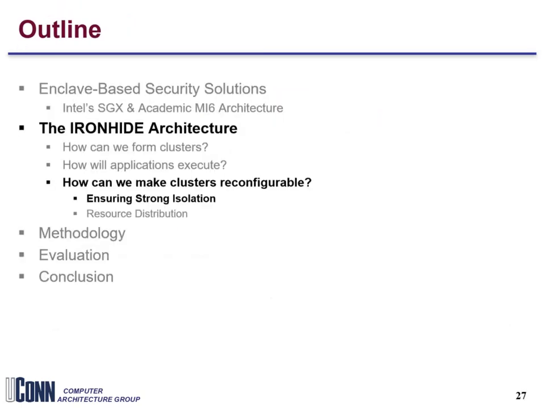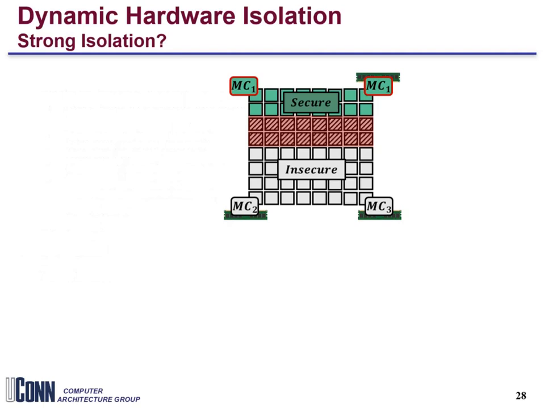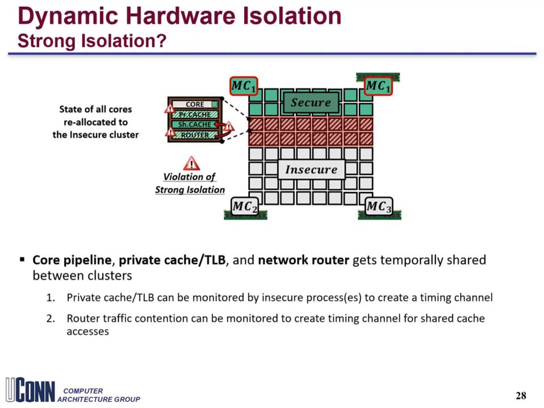Let's first look into how strong isolation is actually violated due to dynamic reconfiguration of clusters and how we can regain strong isolation. In this figure, we see that the insecure cluster gains resources from the secure cluster. Evidently, the core pipeline, private caches, and network routers get shared between the clusters. This violates strong isolation, as cache side-channel attacks can be conducted on these cache and TLB resources.